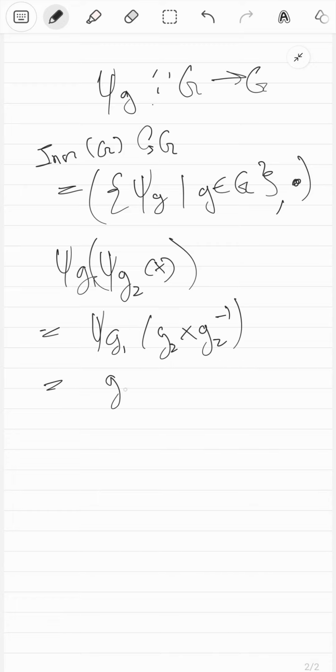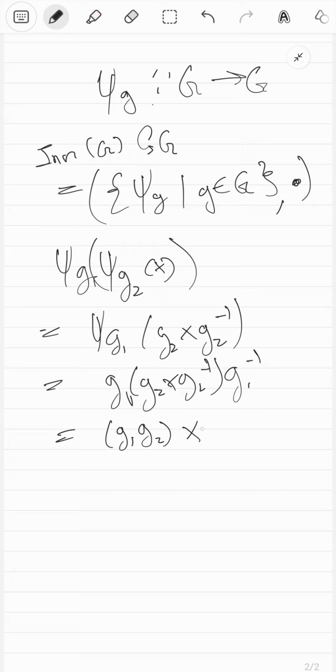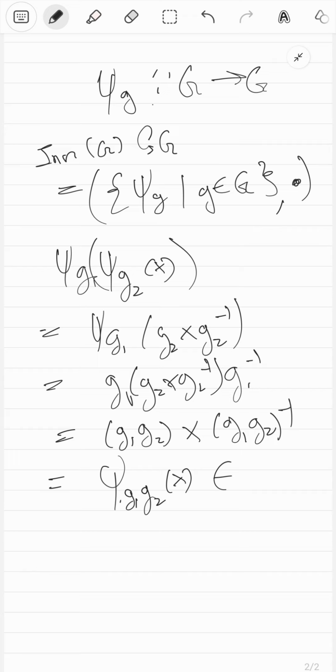But then this is just g1 g2 x g2 inverse, and then g1 inverse, which is just g1 g2 x (g1 g2) inverse. You can figure that out. So it's just psi of g1 g2 of x, right? Yeah. And so this is clearly in G. Sorry, I shouldn't even say it's a group for now. I should just say it's a set.